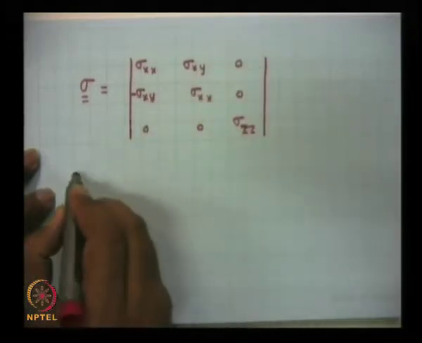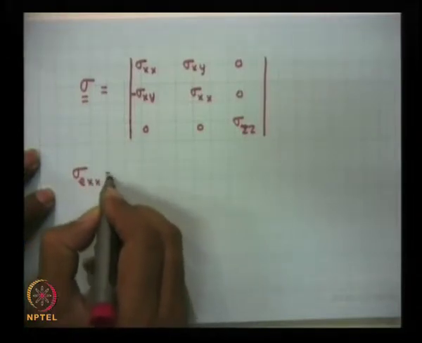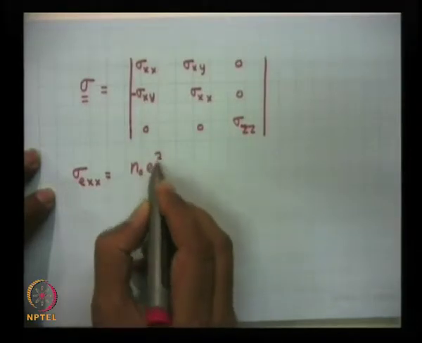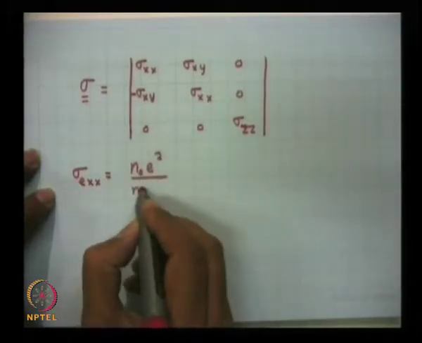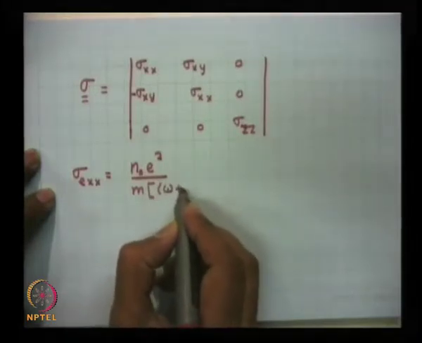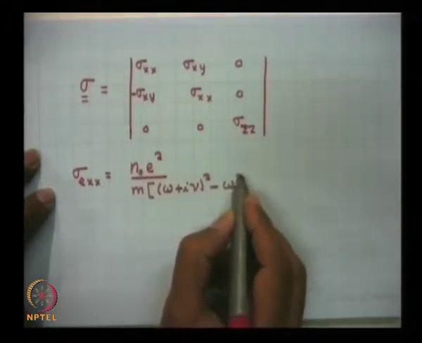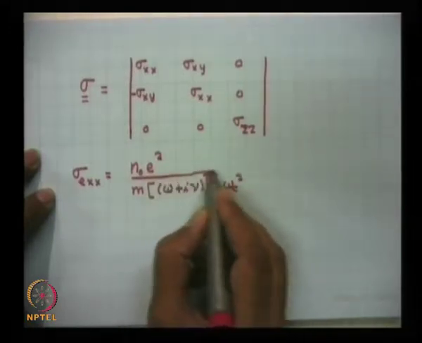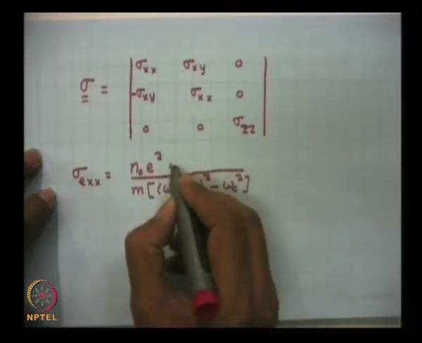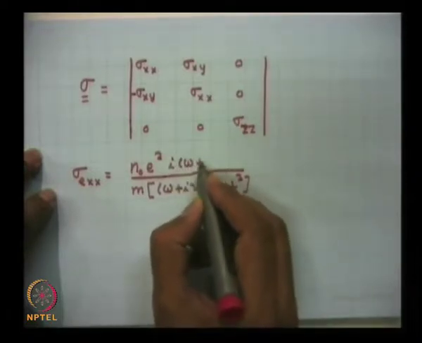Now, for the electron conductivity, the xx component is n0 e square upon m, times omega plus i nu, over omega plus i nu square minus omega c square, with a factor of i.